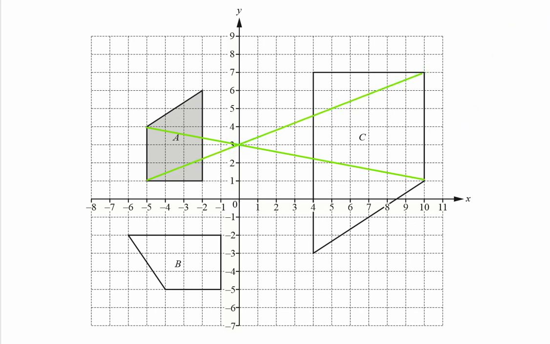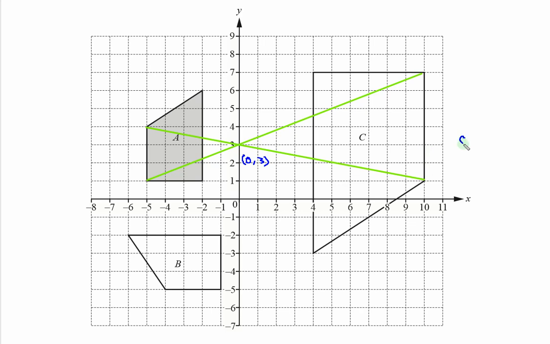Therefore, the center of enlargement will be 0, 3. Okay, the scale factor of enlargement, you can just take this length 1, 2, 3. The corresponding length is 1, 2, 3, 4, 5, 6.